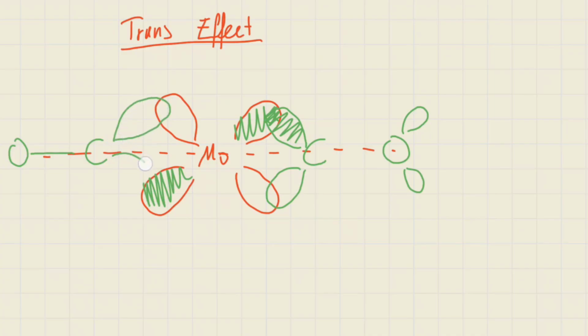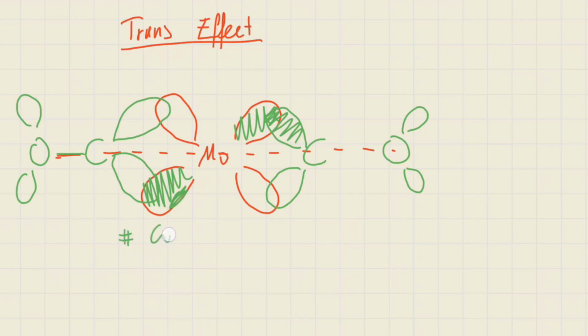So if another carbon gets close to the metal, I couldn't draw the last one, I guess, there is a competition between the same d orbitals among the CO molecules.